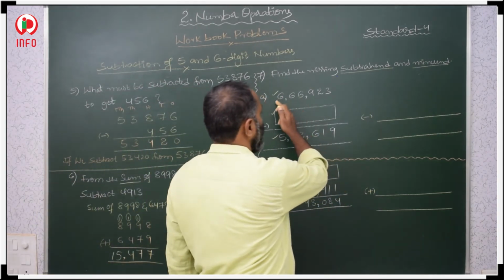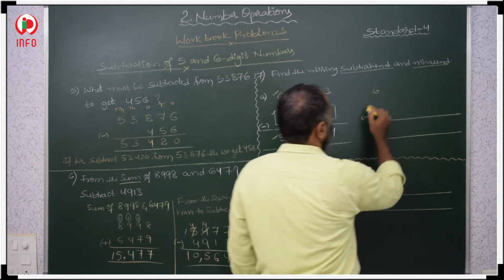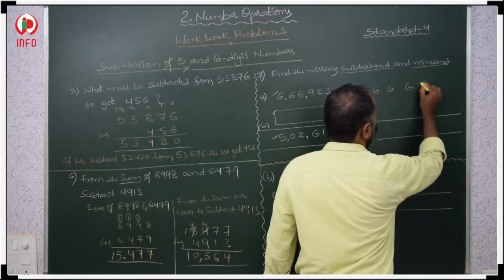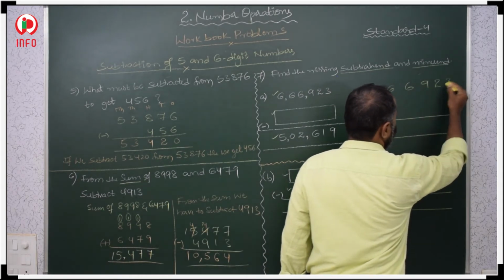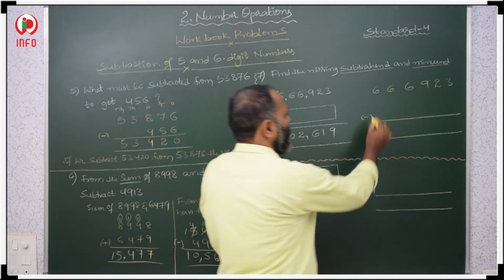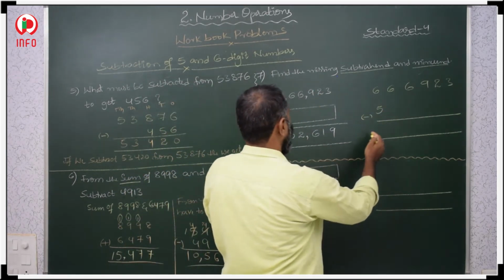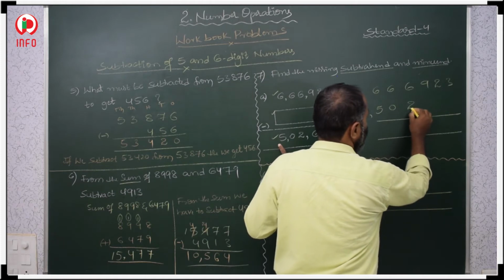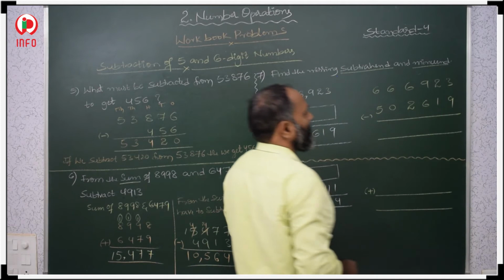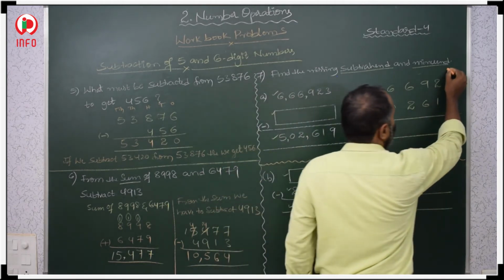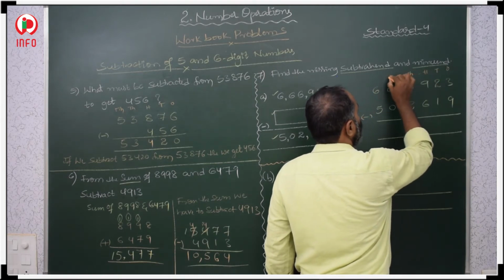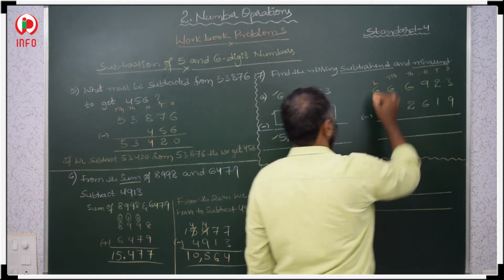First, you should write here the minuend, 6,66,923. Then after that, the difference, 5,02,690. Ones, tens, hundreds, thousands, ten thousands, then lakh.